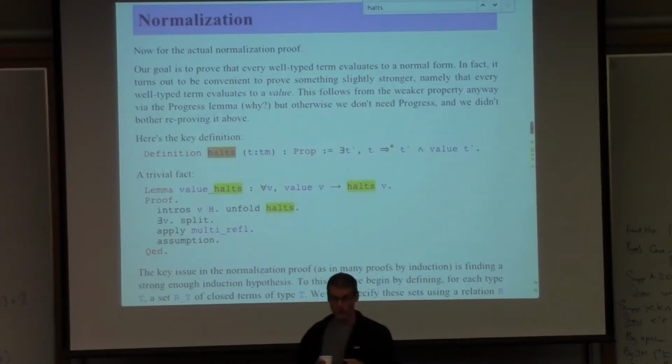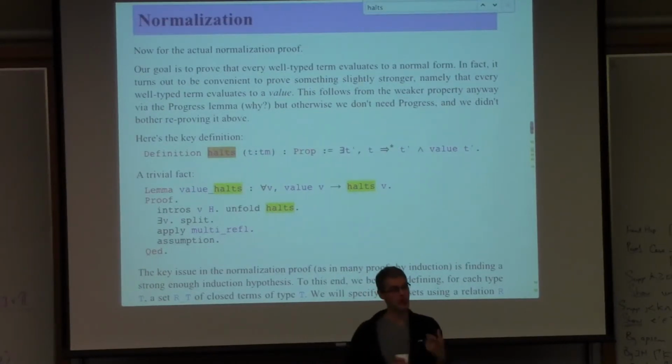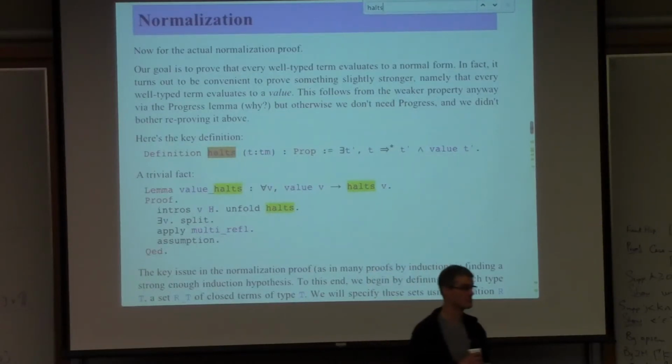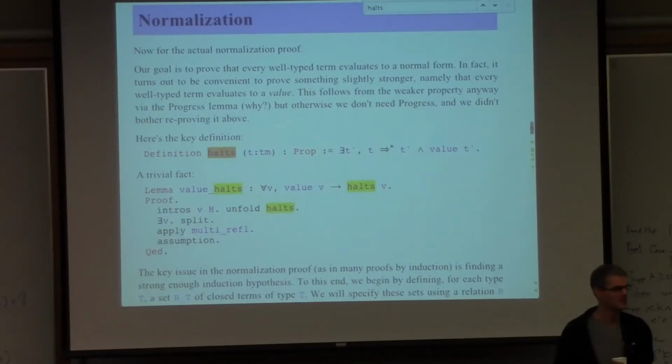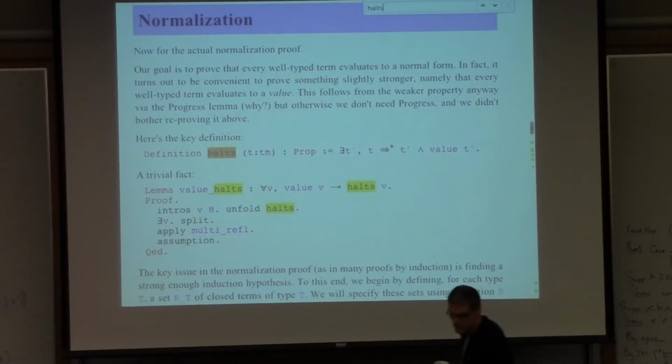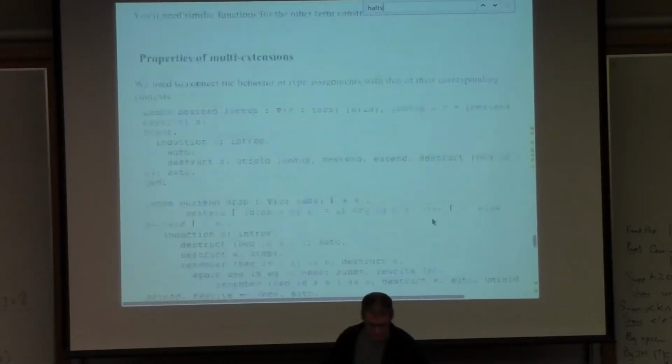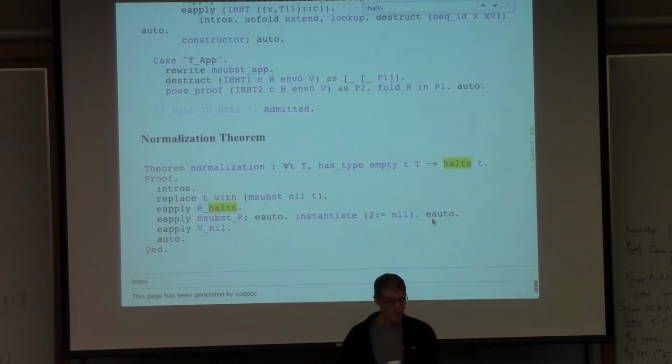Okay, so what would happen if we extracted the normalization theorem? Well, it was actually a trick question. The first order answer is nothing. I get something completely trivial because this theorem is in Prop.